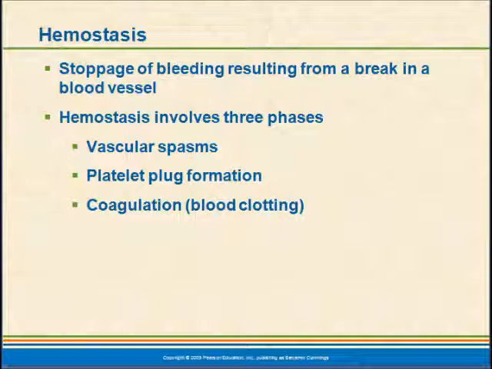There is a platelet plug that forms, and this is a temporary structure which stops the bleeding. And ultimately coagulation. Now, if coagulation doesn't occur properly, eventually the platelet plug breaks down, the vascular spasm can stop or relax, and so someone can have an injury and not be bleeding, and a half hour later start to bleed.